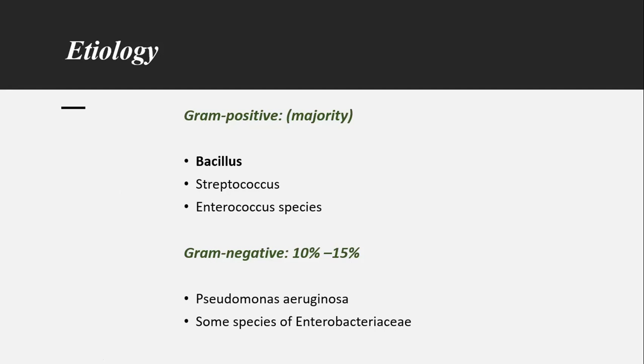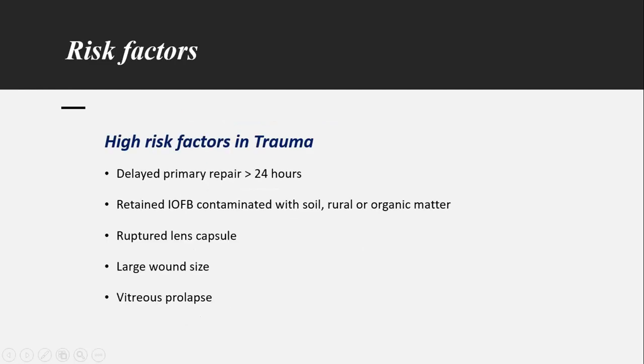And if the patient recovers, most of the time it is because of luck, I feel. In case of gram negative, we commonly come across Pseudomonas species, which causes very fulminant infection in these cases. So the basic idea is, in case of any traumatic endophthalmitis, don't delay. Even a delay of 4 to 6 hours can lead to blinding of that eye in children.